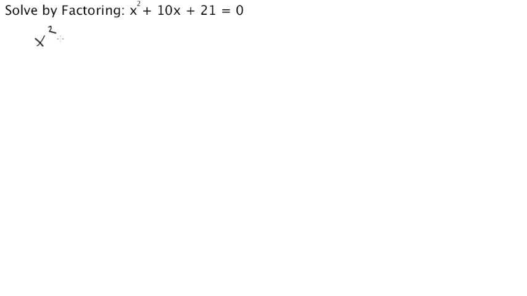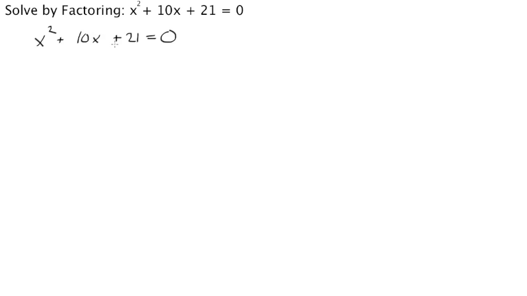So we want to solve by factoring, so I'm going to go ahead and copy the problem. Again, x squared plus 10x plus 21 equals 0. Okay, so when we are factoring a quadratic, we need to first look at the sign of our constant term. Here we notice that it is positive.